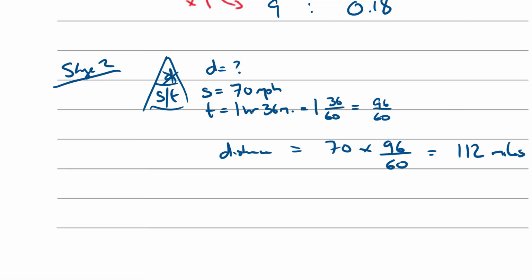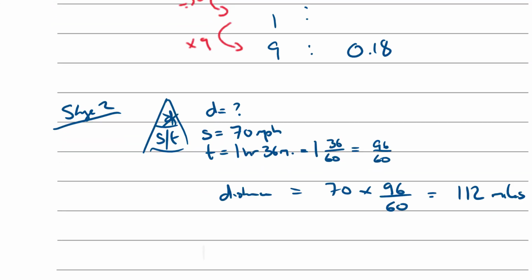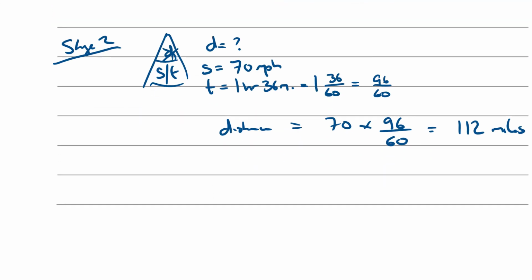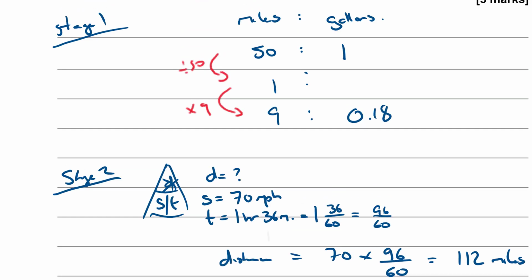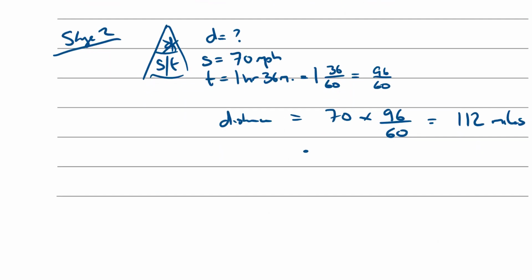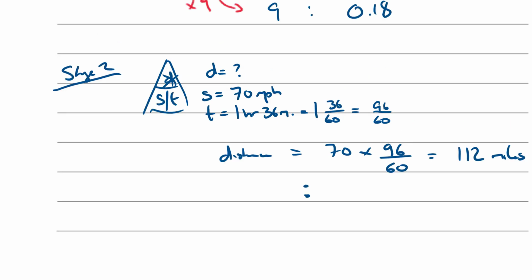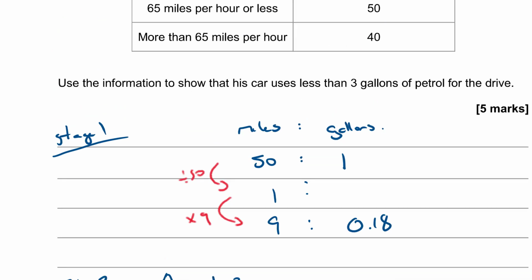Okay, so now we can set our ratio up then. Again, miles to gallons, we can do 40 miles in 1 gallon.